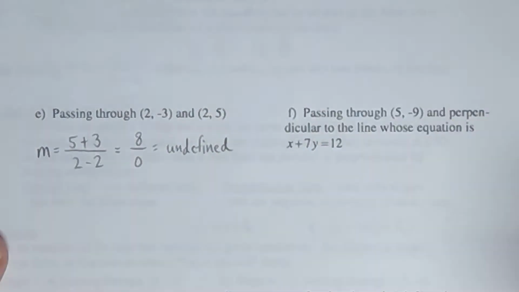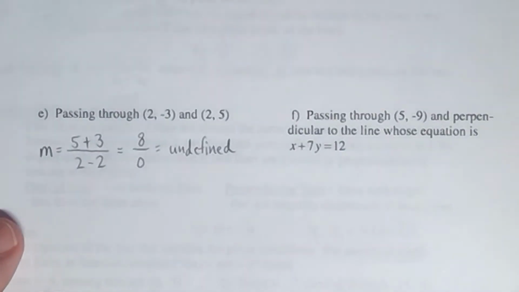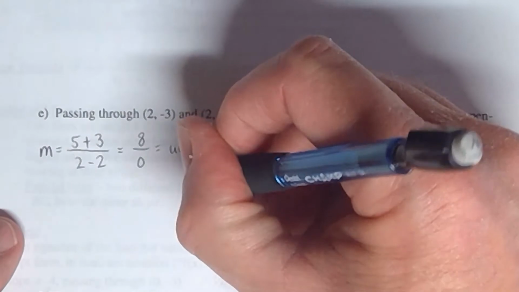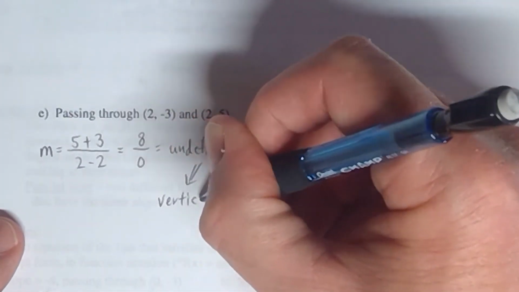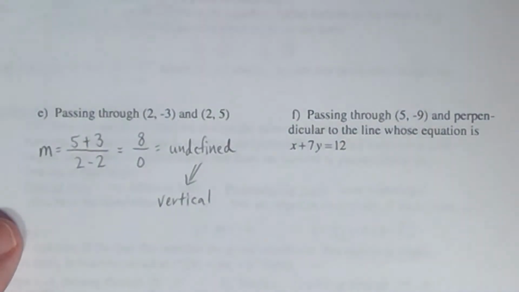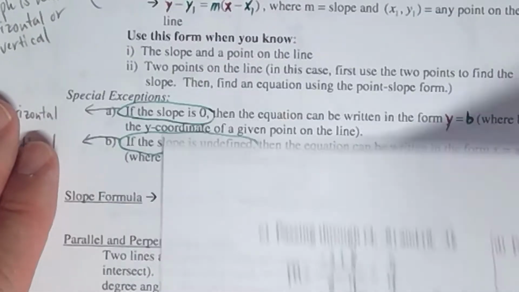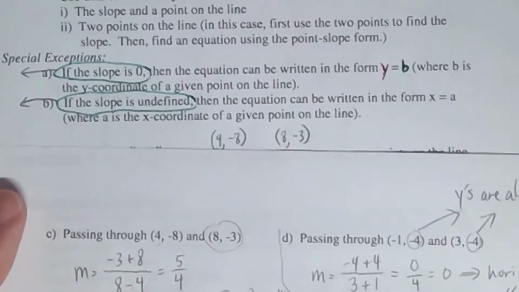What does an undefined slope mean? Okay, it automatically means you don't use those two formulas at the top of the worksheet, where it says slope intercept and point slope. You don't use those when it's horizontal or vertical here. Okay, we're going to use this strategy here.